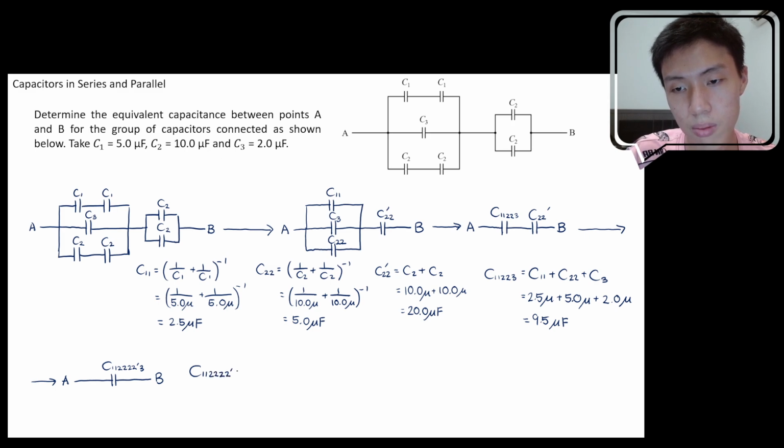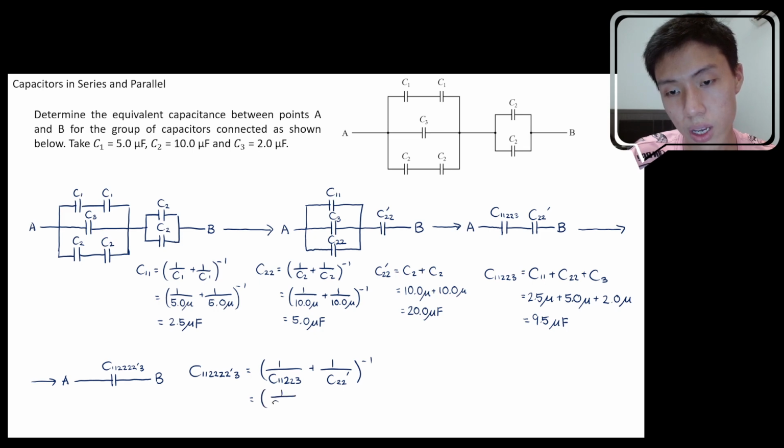C112222 prime 3 will be equal to 1 over C11223 plus 1 over C22 prime, to the power -1. Okay, so substitution: 1 over 9.5 micro plus 1 over C22 prime. We get it from earlier, C22 prime is 20 micro.